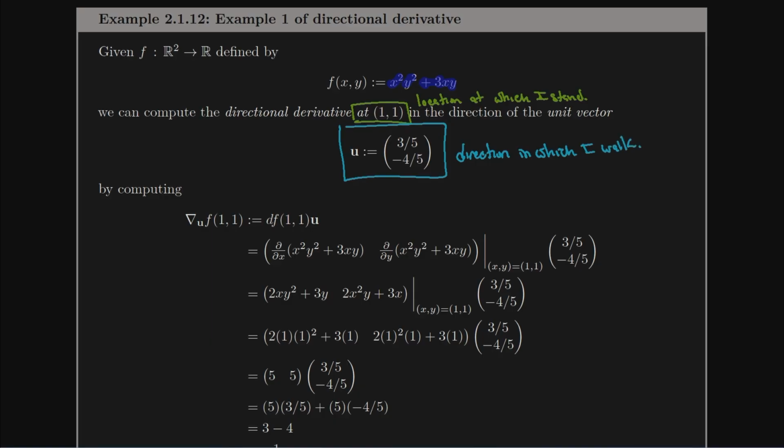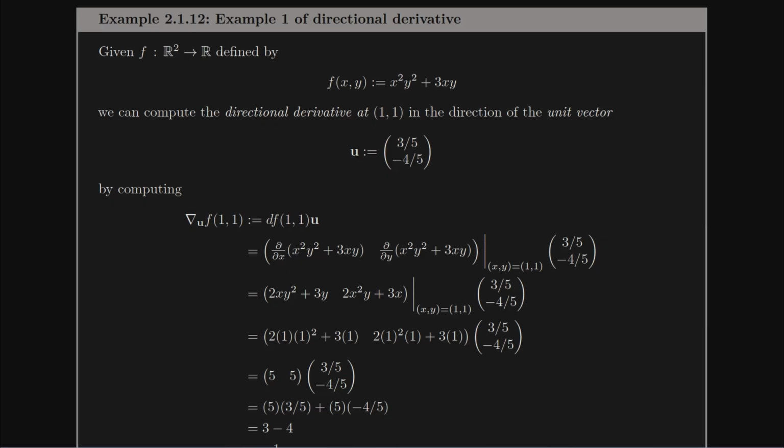Once we have those two pieces of information, as well as, I guess you could interpret this as the shape of the mountain, so there's the shape of the mountain, there's the location at which I stand, and there's the direction in which I walk. All of these are required for me to gain a directional derivative, in other words, to gain some notion of a slope in the direction I'm walking. And once we have those three pieces of information, we can actually compute it.